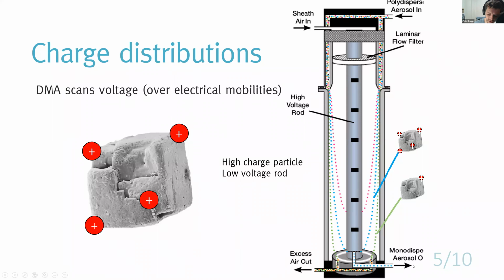Then you change the voltage of the DMA to select the different sizes. So I gradually changed the voltage of the DMA to see how many +1, how many +2, how many +3, and so on you were getting.